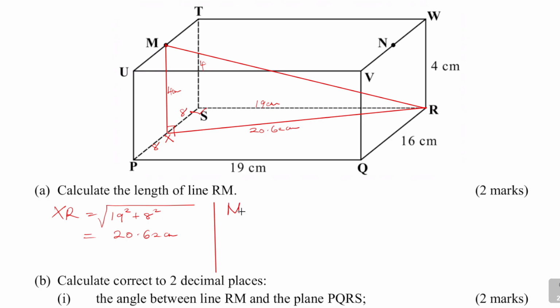So MR, using Pythagoras theorem, will be given by 4 squared, that is MX, plus XR, 20.62 squared. Again, work out this one using a calculator, and this is going to give you exactly 21 centimeters. You get 2 marks for that. So that is the length RM.